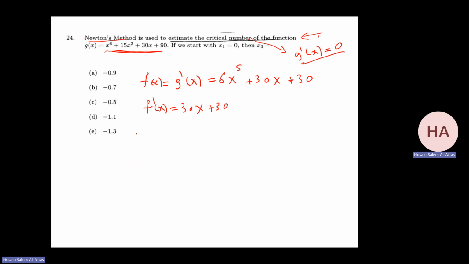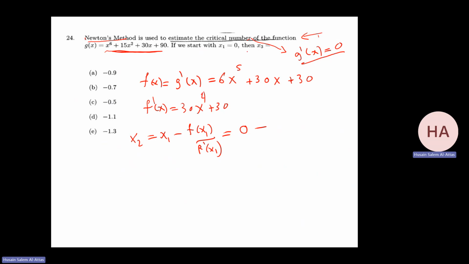Okay, now we need x2 equals x1 minus f of x1 over f prime at x1. What is x1? x1 is 0. So 0 minus f of x1, which is 6x to the power 5 plus 30x to the power 4, but that will not make any effect.